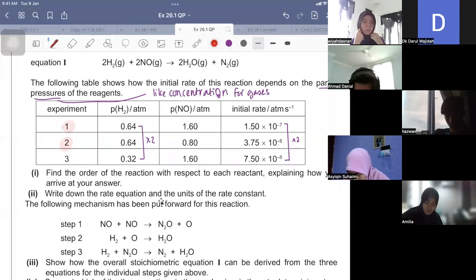No change to our hydrogen, so I'll just leave it alone. 1.6 divided by 0.8 is times 2. And the rate, I'll use this side. Take the top number, divide by the smaller number. That's times 4.